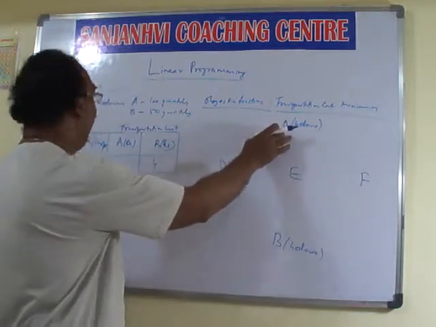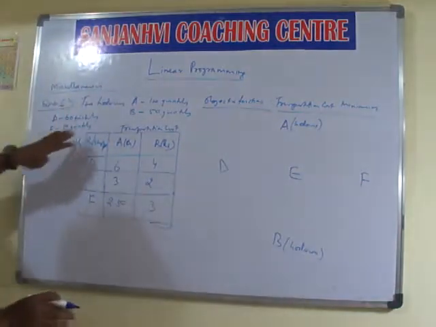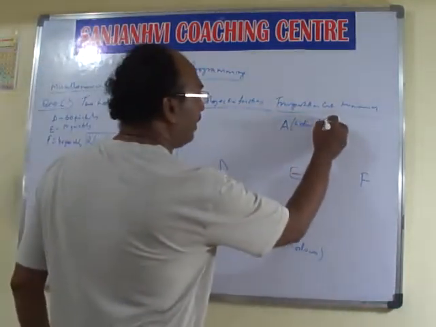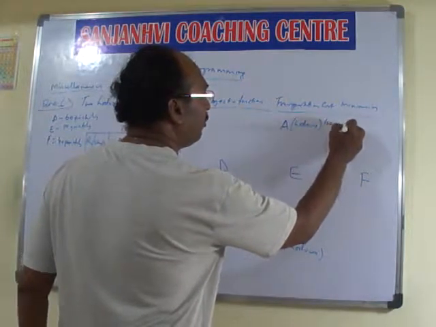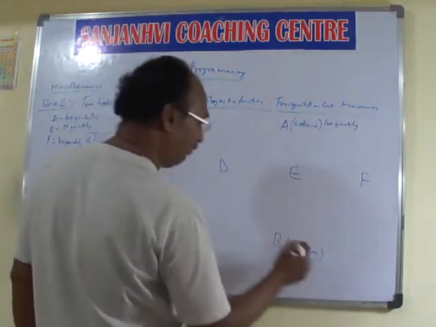From godown A, which has capacity 100 quintals, we write 100 quintals, and B has 50 quintals.